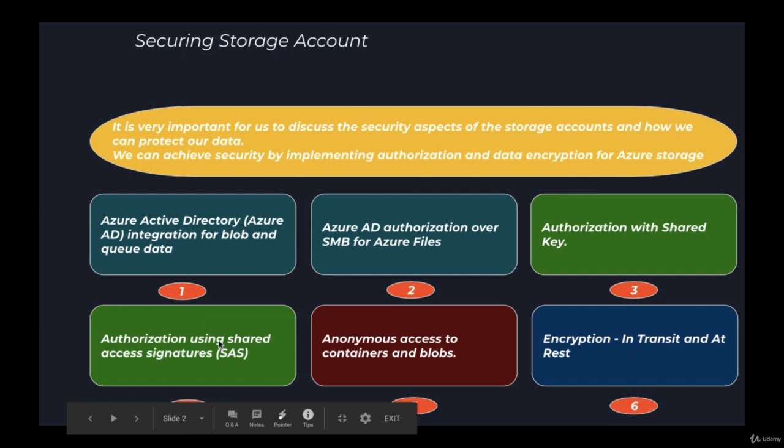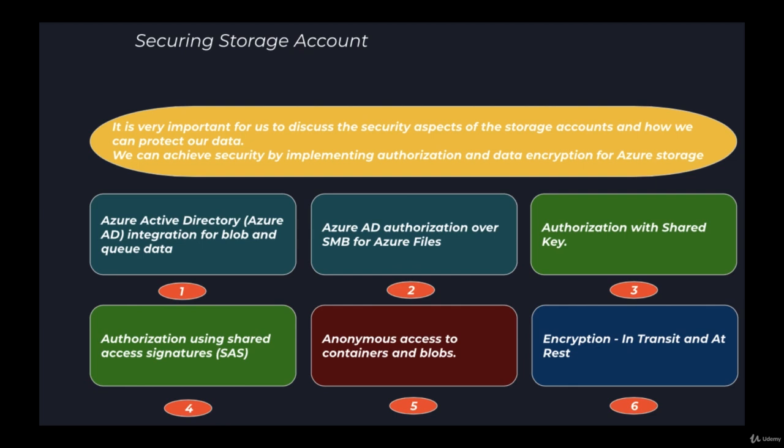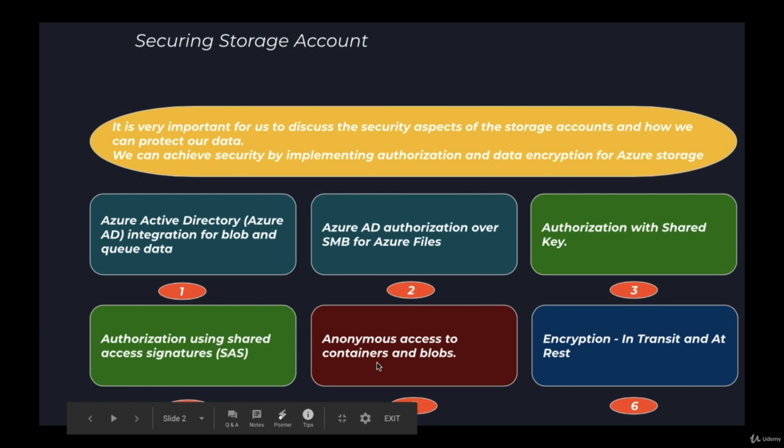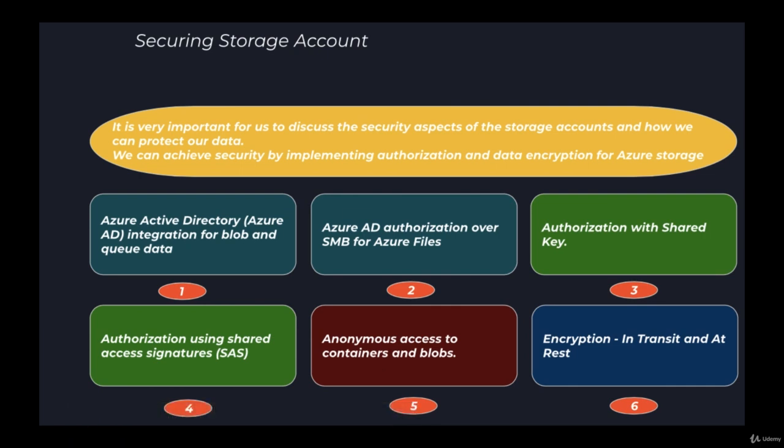Because we are discussing the different options we have to secure the storage account, then we have the anonymous access to the containers and blobs. There are different options when we provide anonymous access: no public read access, public read-only access for blobs, or public read access for containers and blobs.